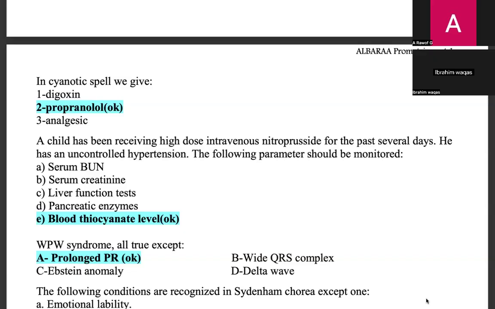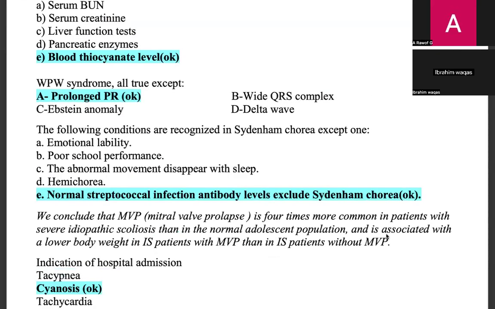Then WPW syndrome, all are true except prolonged PR. As I told you, it will be short PR, not prolonged PR. So we'll read the next three questions.